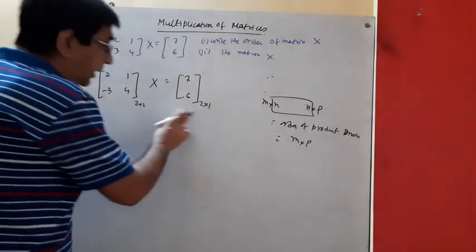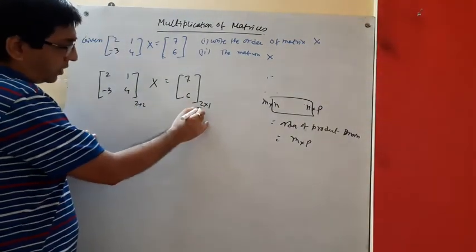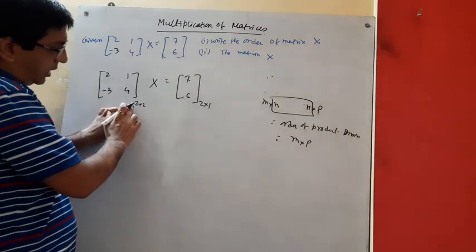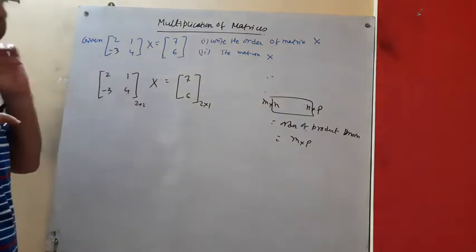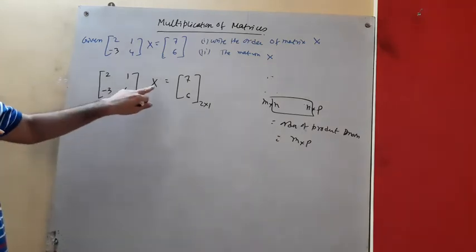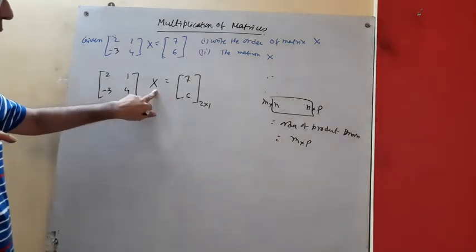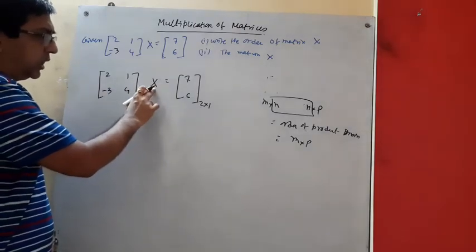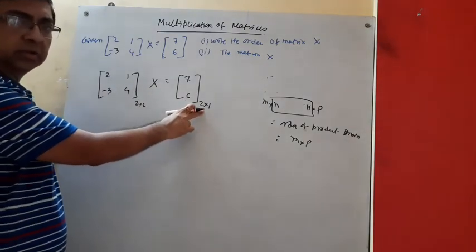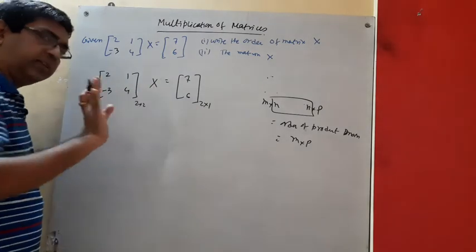Look, here the row number of the first matrix is 2. And what will be the column number? Look, the column number is 1, it is sure. The column number of X is 1, because its column will come in the product.